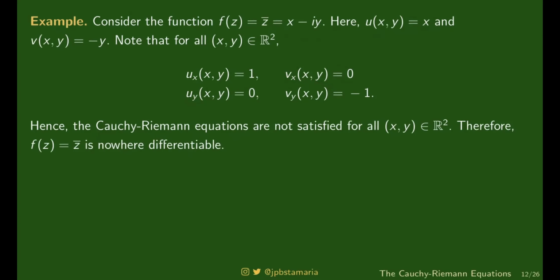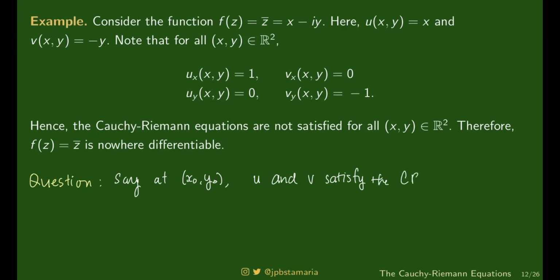Now may tanong ako, hindi ko na isulat yung tanong dito, but let me just write the question over here. Let us say that at x naught y naught, u and v satisfy the Cauchy-Riemann equations.